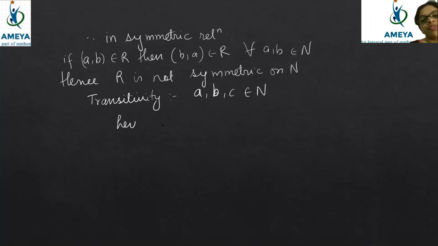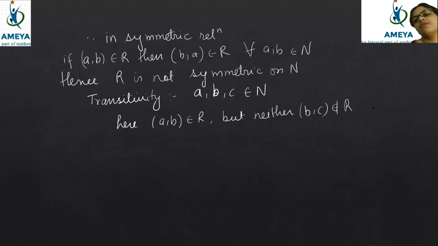Here (a, b) belongs to the relation, but neither (b, c) belongs to R nor (a, c) belongs to R. Now in general we have represented it by taking a, b, c, because all the elements exist only one time: (1, 6), (2, 7), like that, everything comes only one time.